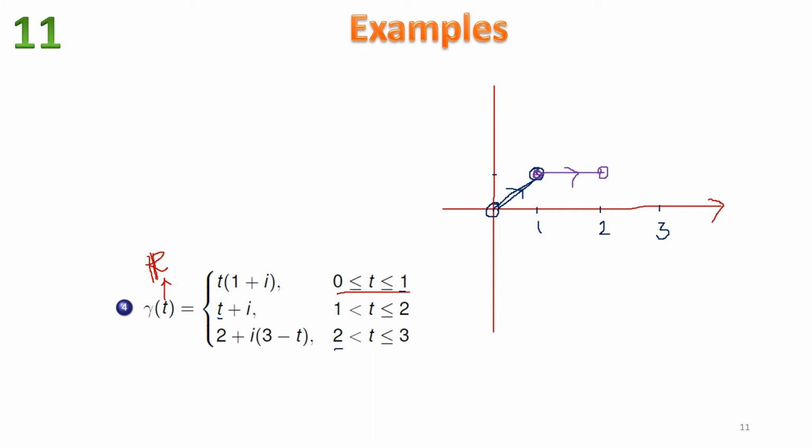The real part is 2 and the imaginary part is 1. So at t equal to 2, this function takes the same value as here, and when t is equal to 3, 3 minus 3 is 0, the real part is 2 and the imaginary component is 0, so this drops to 0.